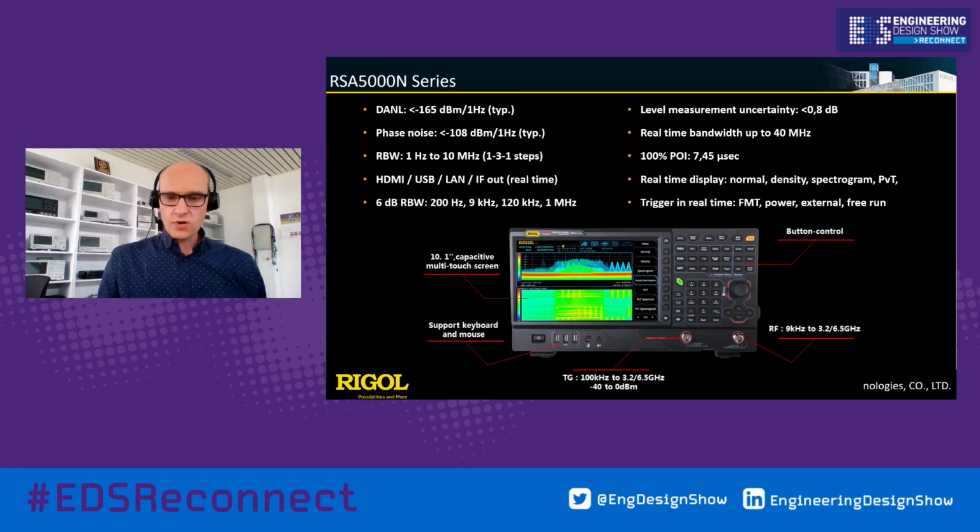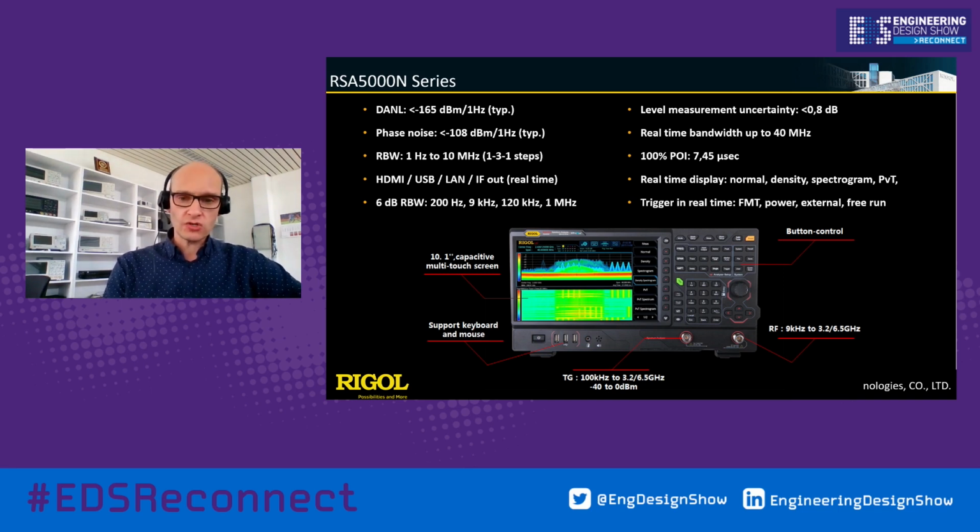The next test device we are using for the next several tests is our multifunctional spectrum analyzer, the RSA5000N series. For the RSA5000N series, we have different functionalities inside. For example, the sweep-based spectrum analyzer has the following specification.